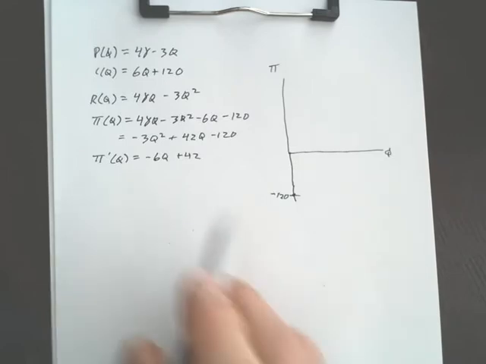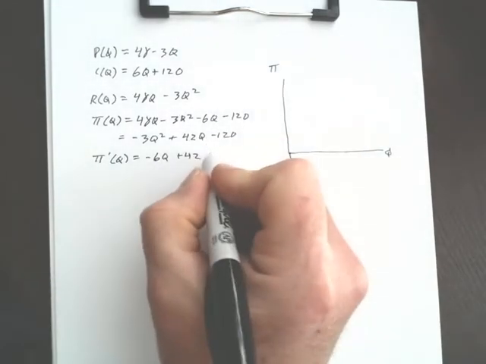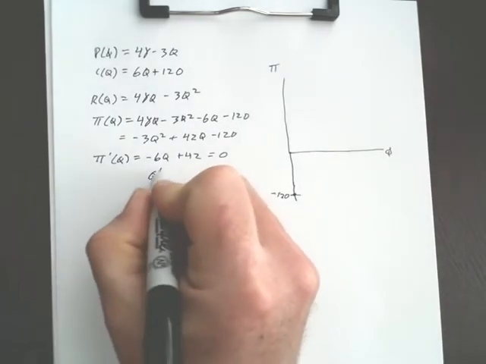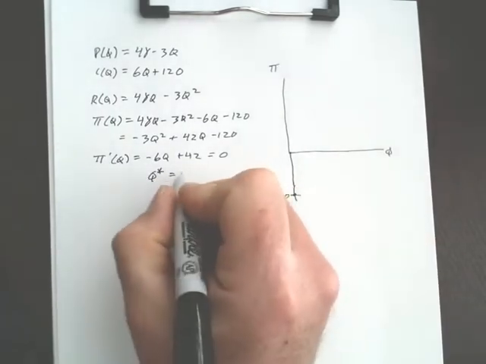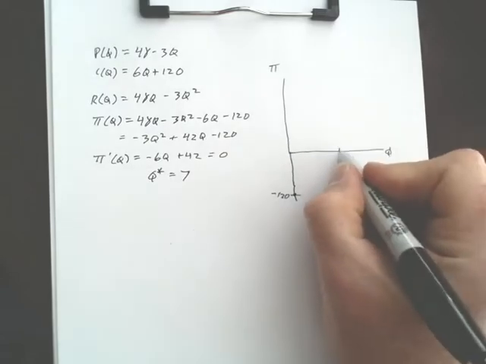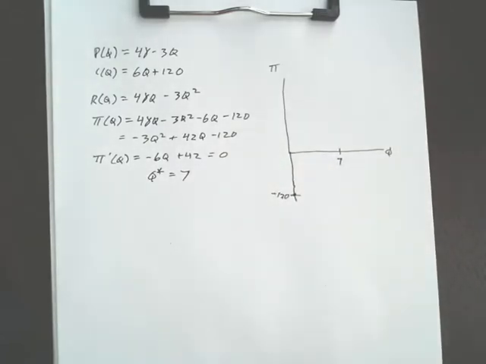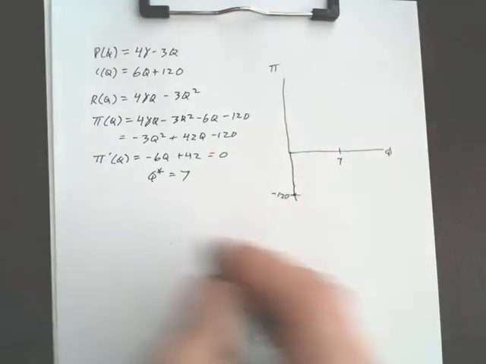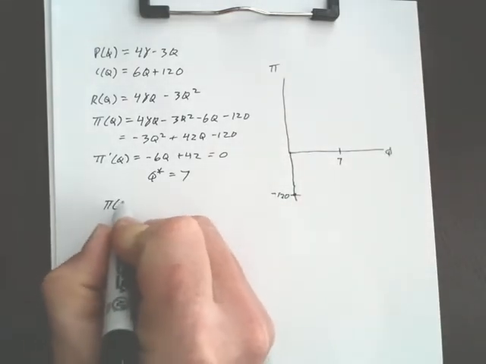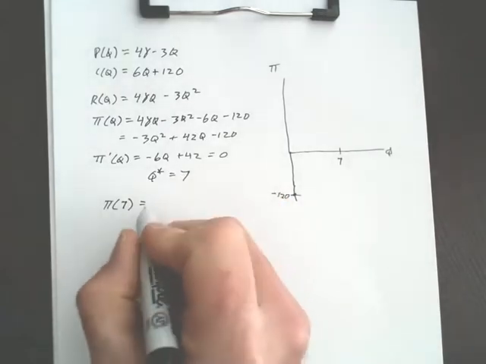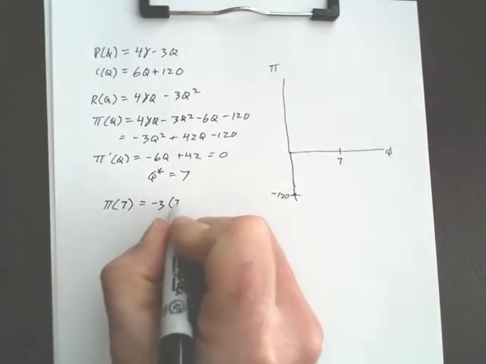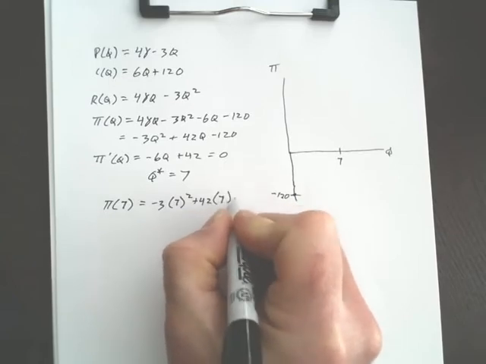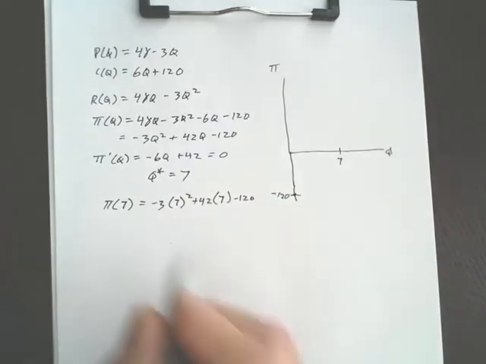What is our profit maximizing Q? We're going to set the first derivative equal to 0. This means that Q star equals 7. And at 7, what is our level of profit? At pi of 7, that equals negative 3 times 7 squared plus 42 times 7 minus 120.